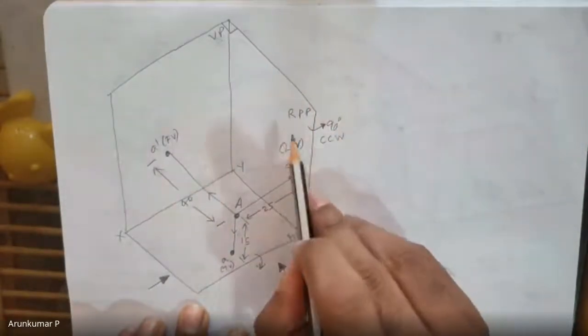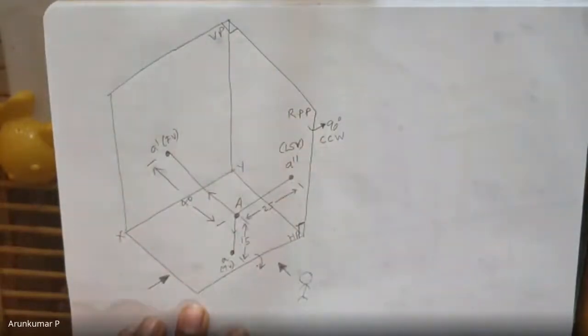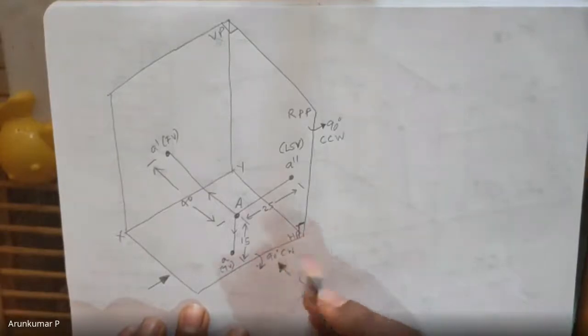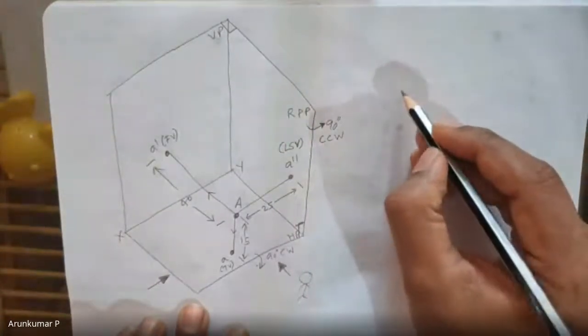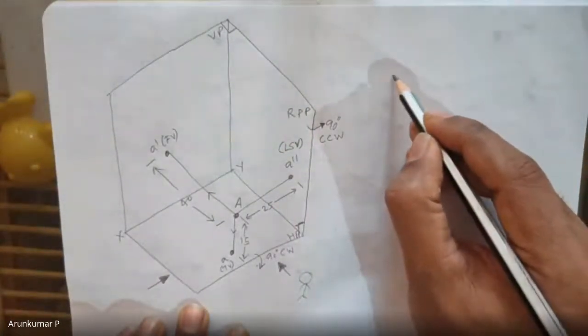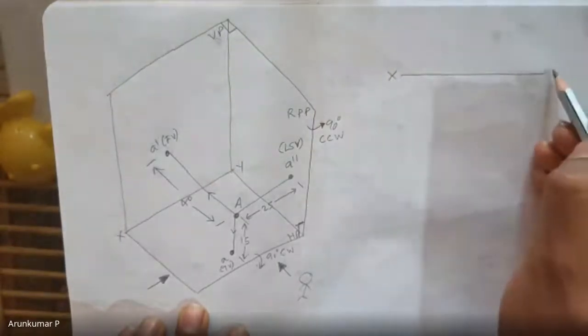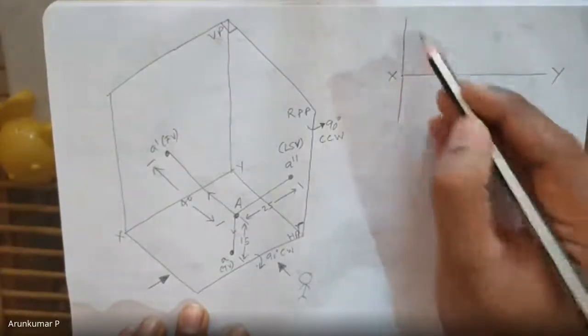So what will happen is RPP will come and align beside VP. And HP as usual 90 degrees in the clockwise direction. So what is going to happen is this would be the arrangement of planes. Please observe. X, Y, this would be VP.